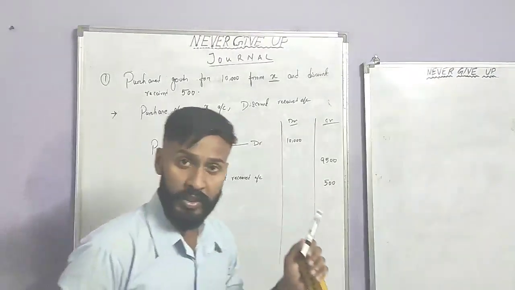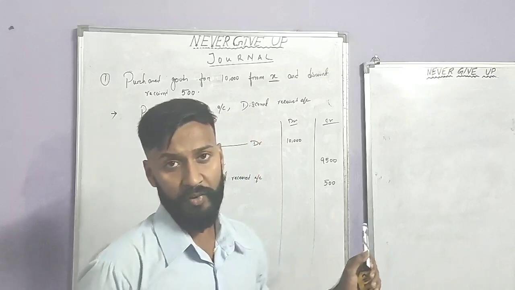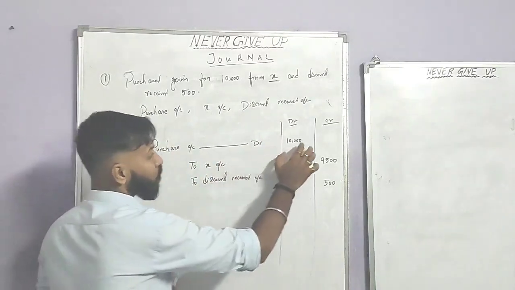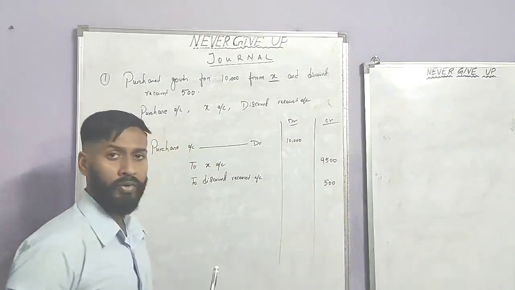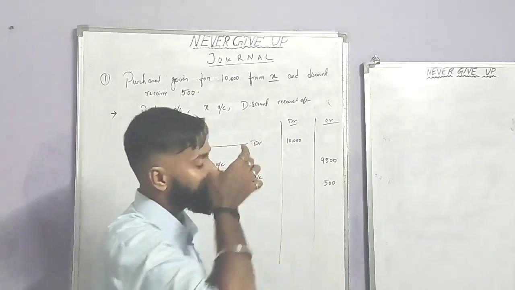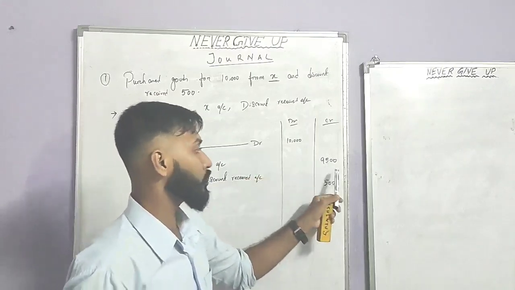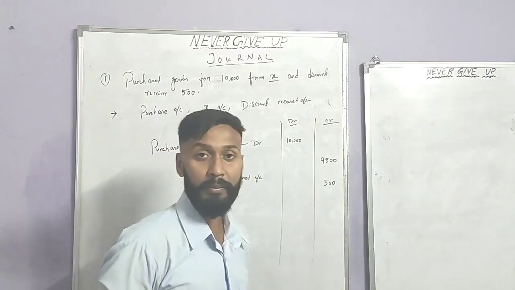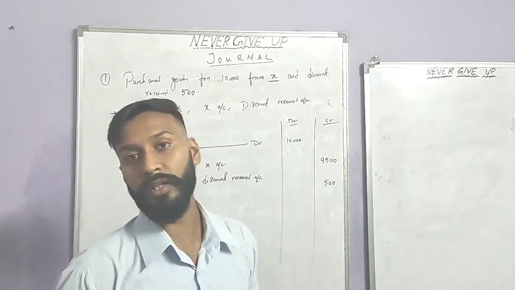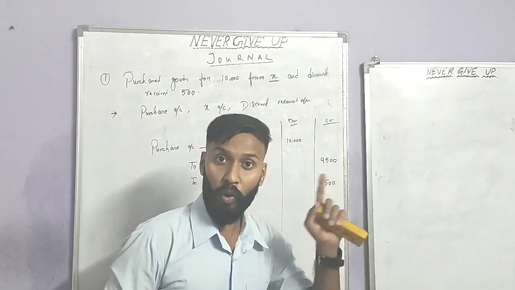Now if you see it carefully, you can see here there is only one debit account and two credit accounts. That means this type of journal is called compound journal.